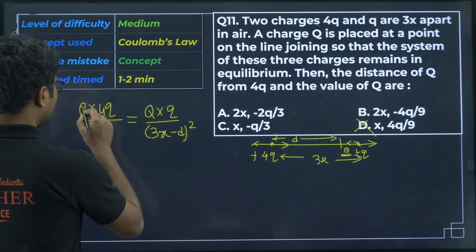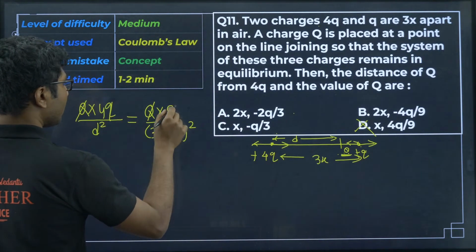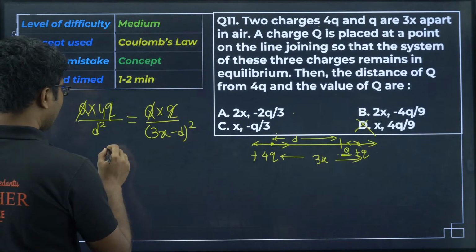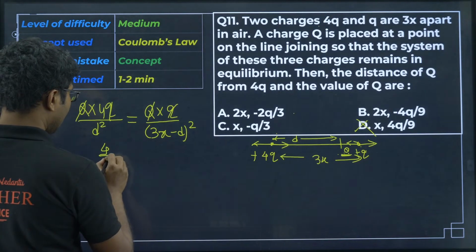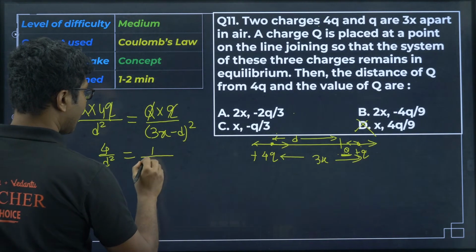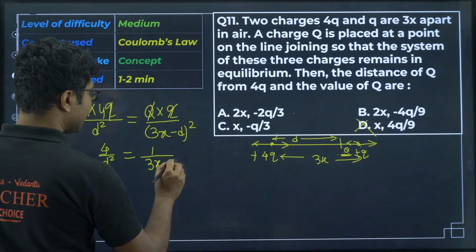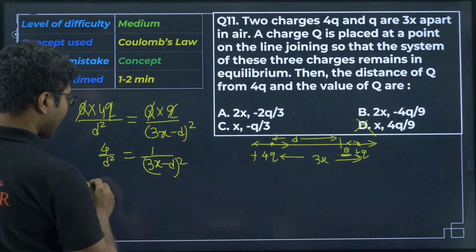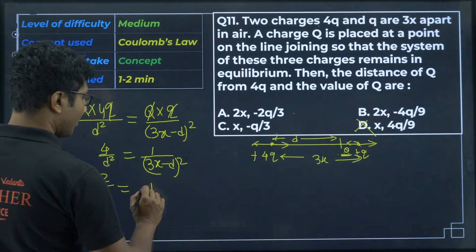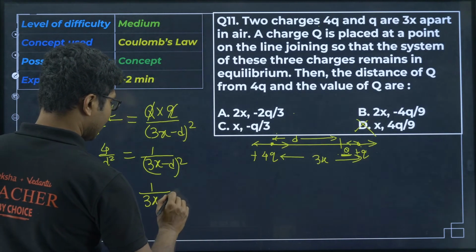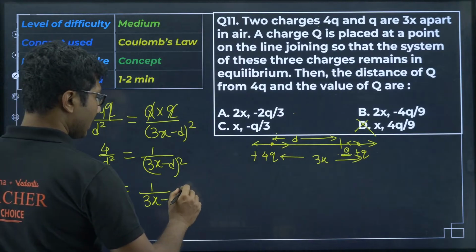Now capital Q cancels, small q cancels. So we have to be careful. 4 by d square equals 1 by (3x minus d) whole square. Now take the square root. We have solved one such question: 2 by d equals 1 by 3x minus d. Now do the cross multiplication.